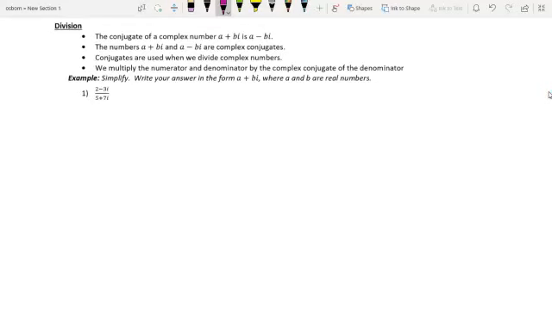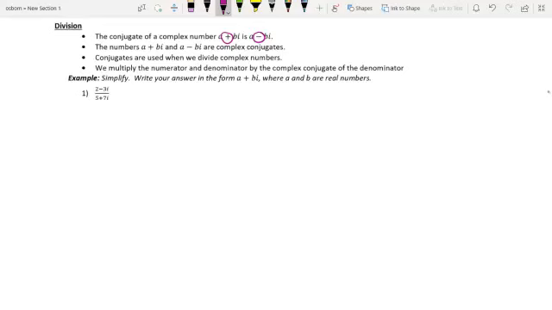So all you do is you just change whatever this symbol is. So the complex conjugate of a minus bi is a plus bi. Now, conjugates are used when we divide complex numbers. So we multiply the numerator and denominator by the complex conjugate of the denominator.